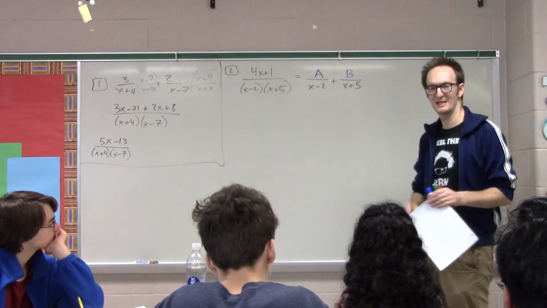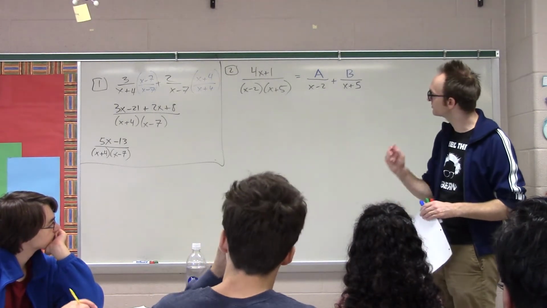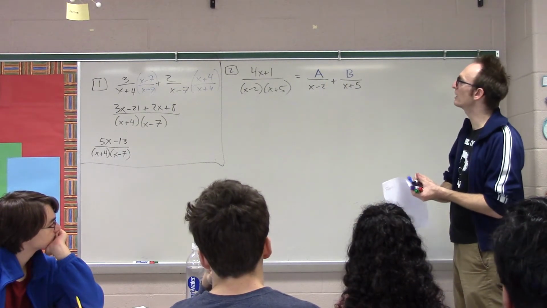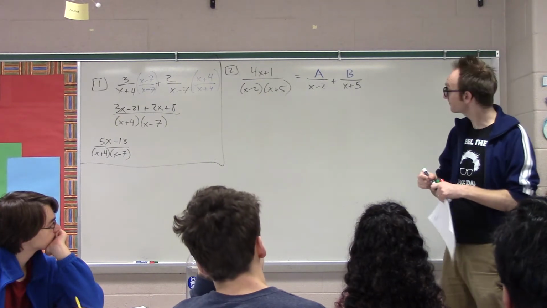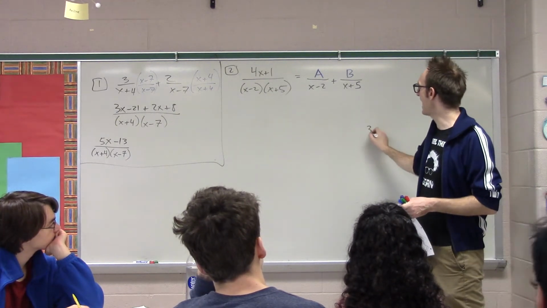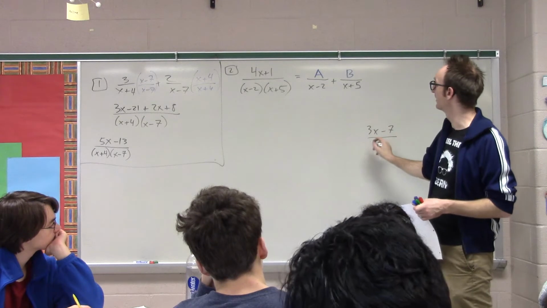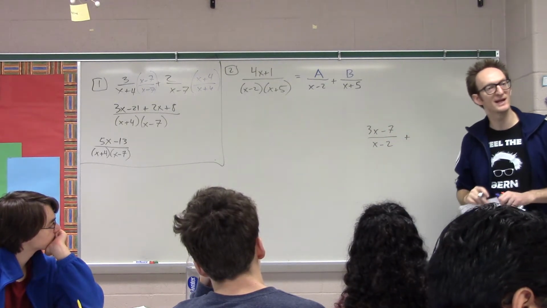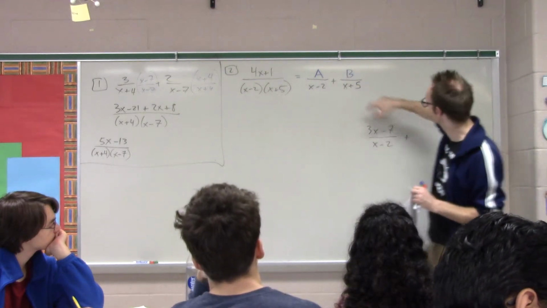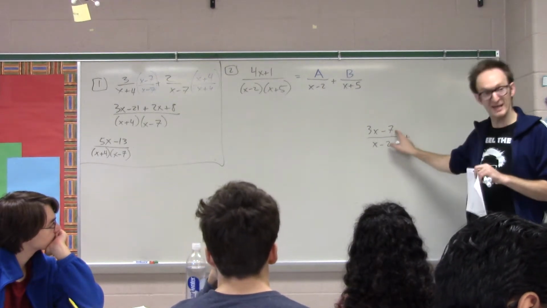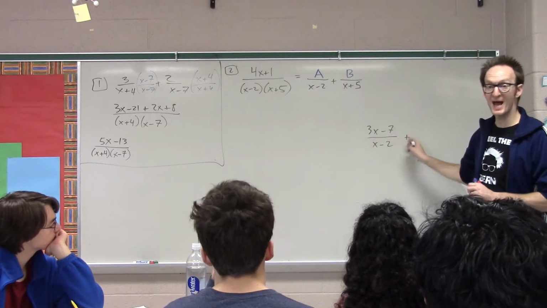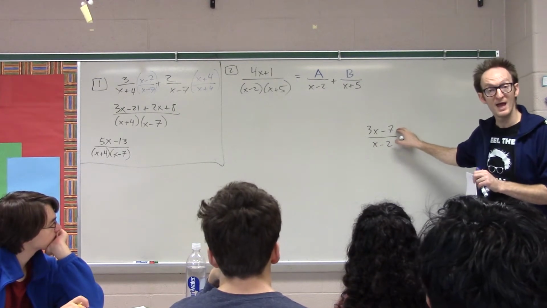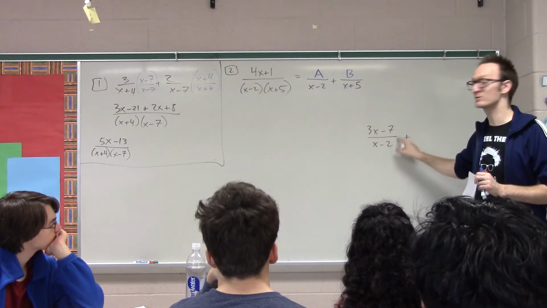A maybe slightly better answer, more of a math teacher type answer is, if that numerator were some linear function, like, I don't know, 3x minus 7 or something over x minus 2, then that just can't be, right? It can't be that numerator was some linear function, because if it was a linear function, now the degree of the numerator would be greater than or equal to the degree of the denominator, and we could do polynomial long division.